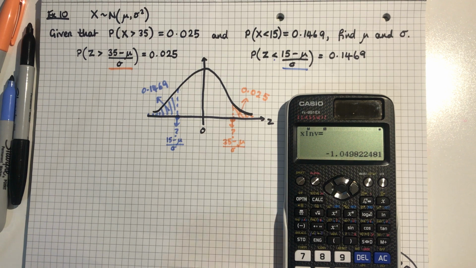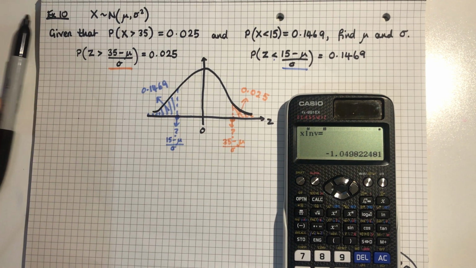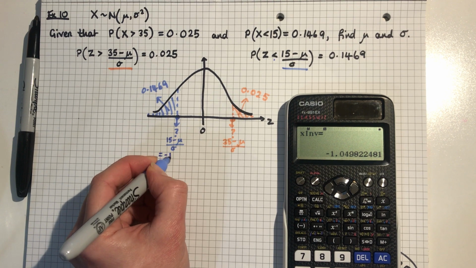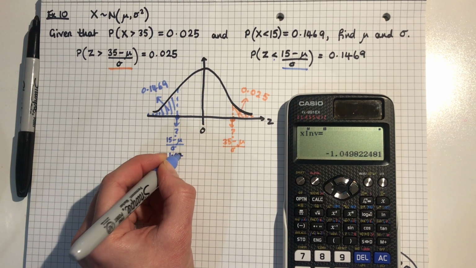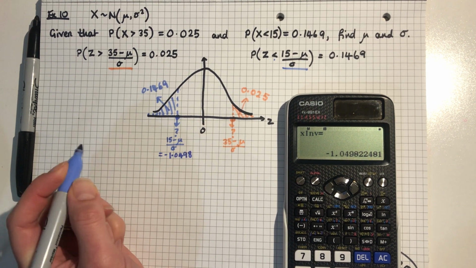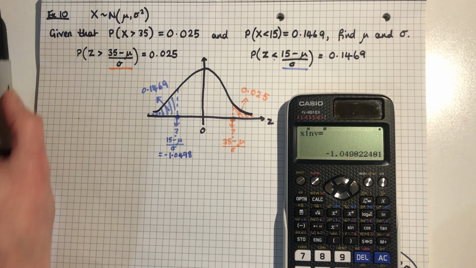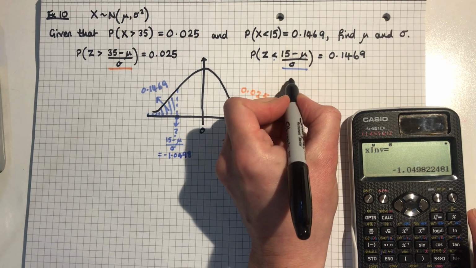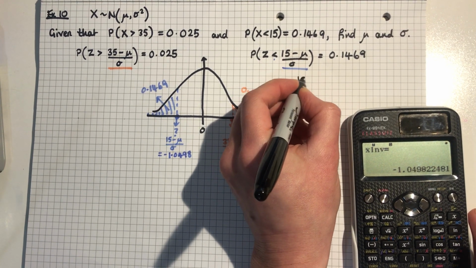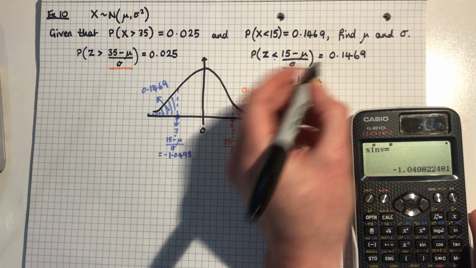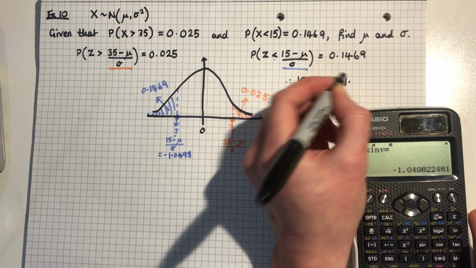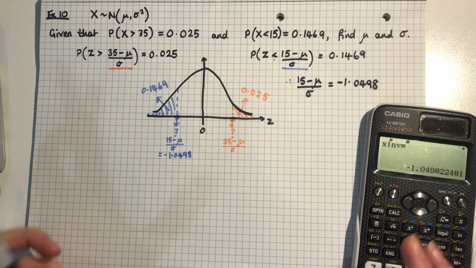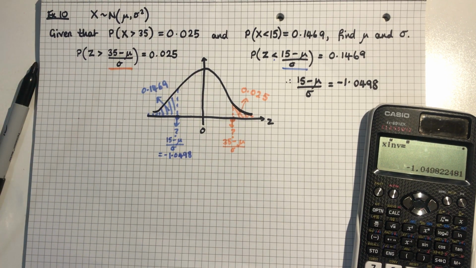So we have got that number coming out as minus 1.0498. So I'm just going to write the equation down over here. So I have got, from this side, (15 minus mu) over sigma is minus 1.0498.